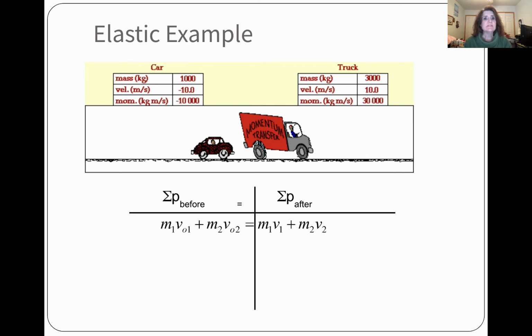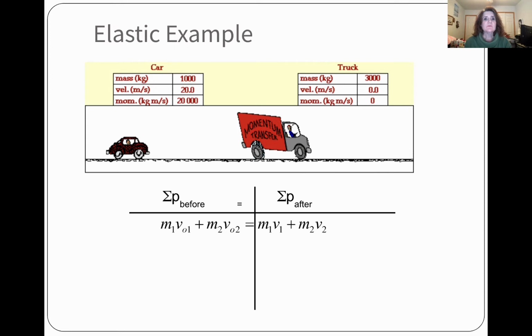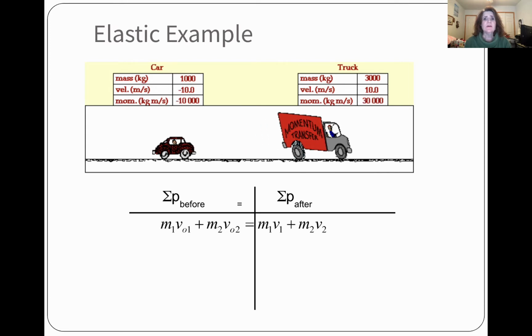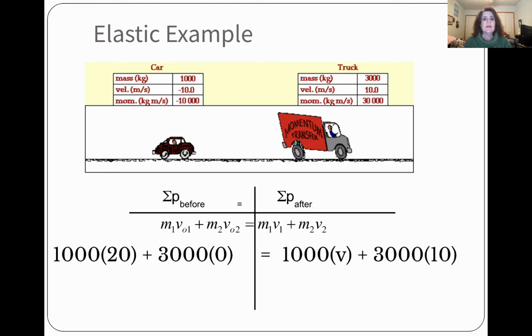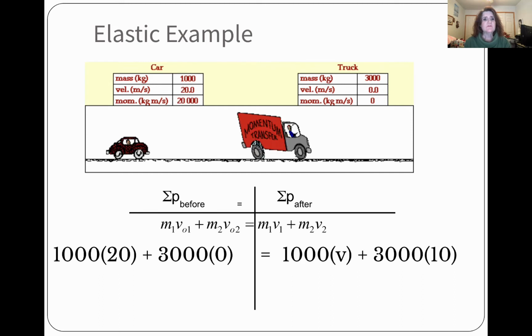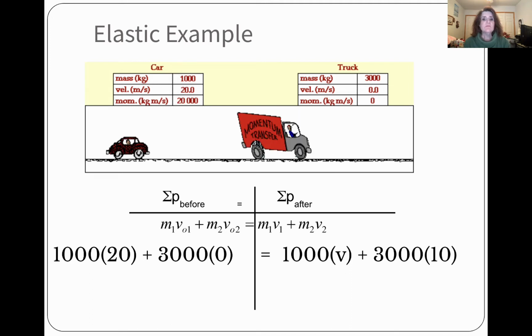A car with a mass of 1,000 kilograms moving at a velocity of 20 meters per second collides with a truck that has a mass of 3,000 kilograms and is moving at 0 meters per second. So what happens in this collision is you find the momentum of each object before and the momentum of each object after. Notice that we don't know the velocity of the car afterwards.